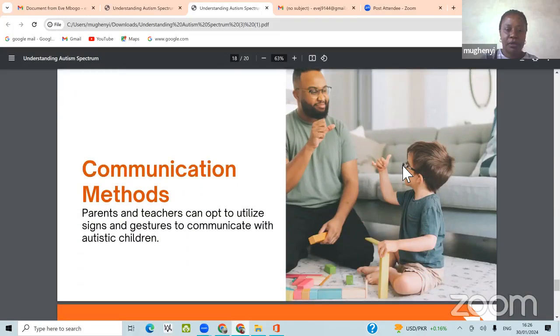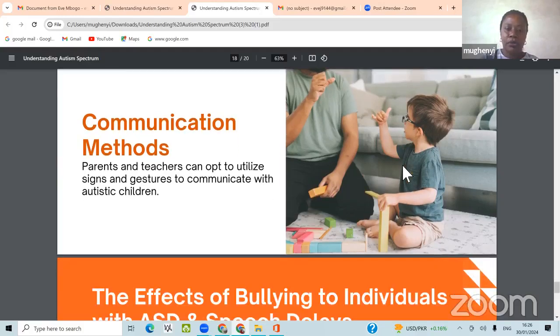Communication methods. Parents and teachers can opt to use signs and gestures to communicate with children. This is also helping them. They can use those signs and gestures, and they can use pictures. Even if the child wants something, if you use pictures, he can go and show you the pictures.